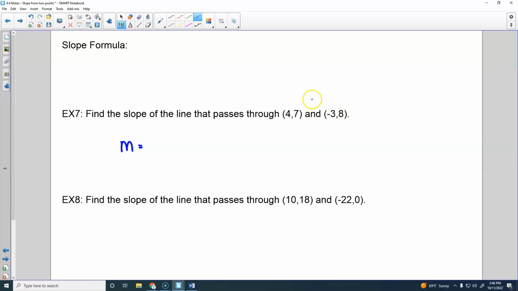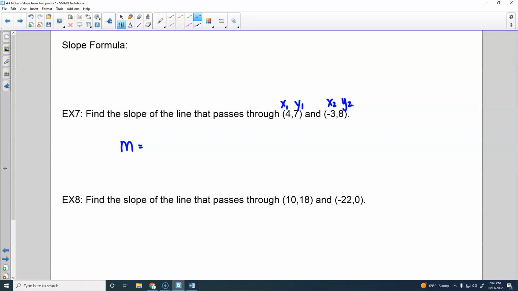All right, so what we're going to do is pick our points here. It doesn't matter which one's x1, y1. It doesn't matter which one's x2, y2. We can pick either way. We should get the same answer. Our work may look a little different, but we should get the same answer. So I'm just going to let this one be x1 here and y1 here, x2 here and y2 here.